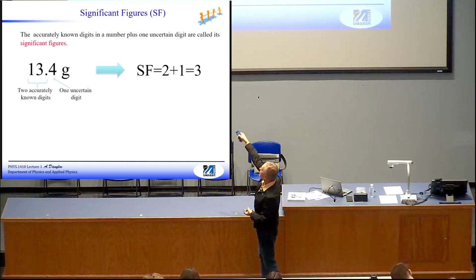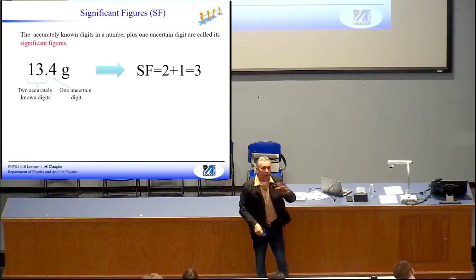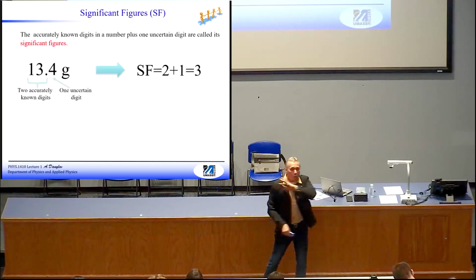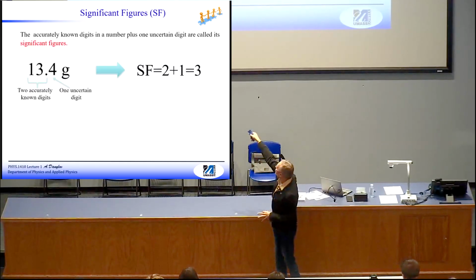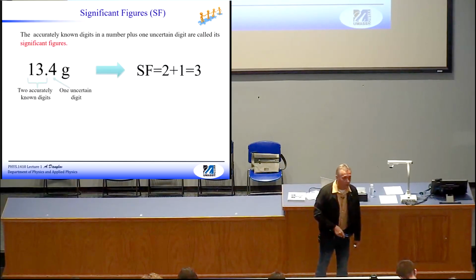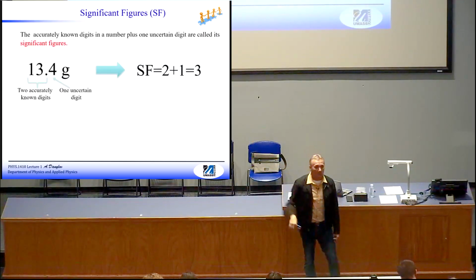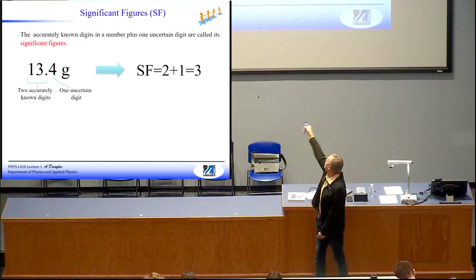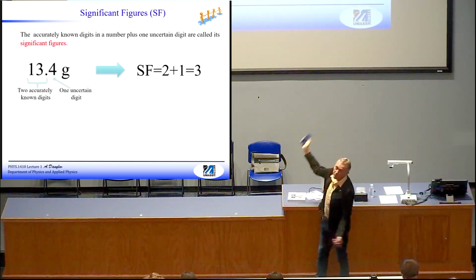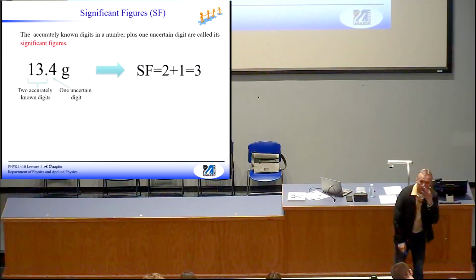Let's say we have a number 13.4. 1 and 3 are accurately known. We can bet all our money on these two digits. We know that they're exact, they're correct, they're perfect, accurately known. And 4 is uncertain, plus minus 1 uncertainty, right? So we have two accurately known digits plus 1, which is uncertain. So we have 3 sig figs in this number, right?